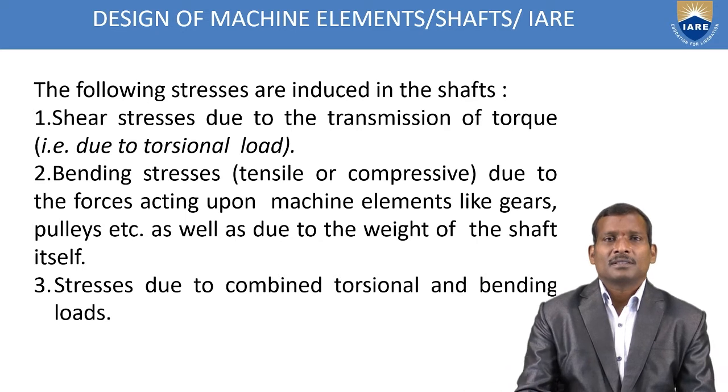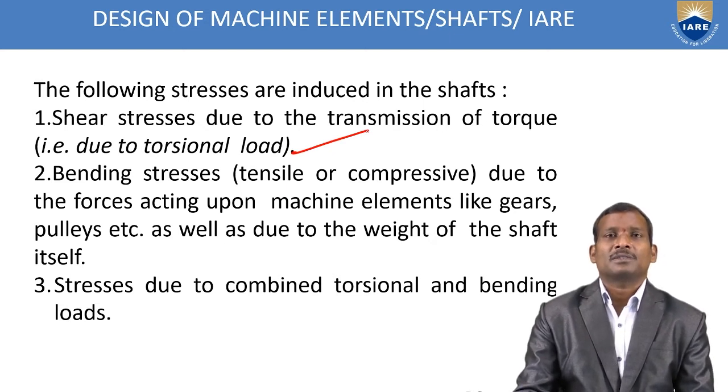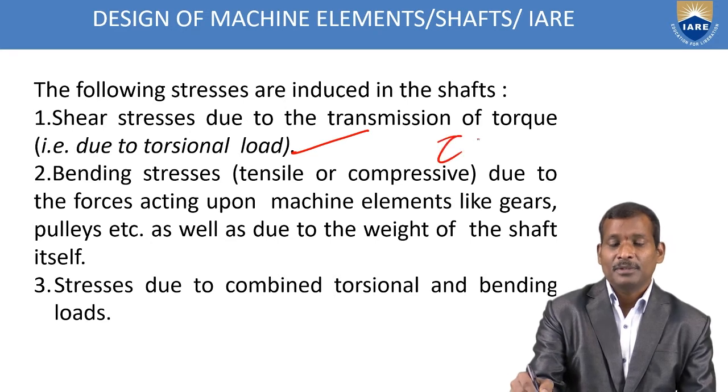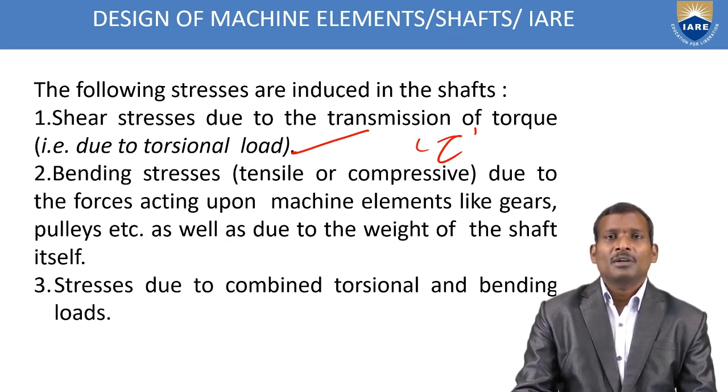See, in this slide, the following stresses are induced in the shaft. Already we have discussed the shear stress due to the transmission of torque, due to the torsional load. Shear stress may be induced; you can represent it with tau. And the second one is bending stresses. It may be tensile or compressive, due to the forces acting upon machine elements.